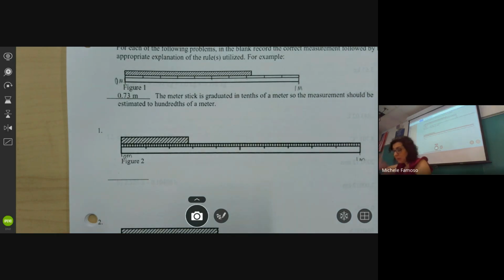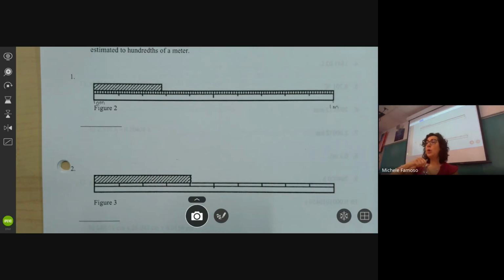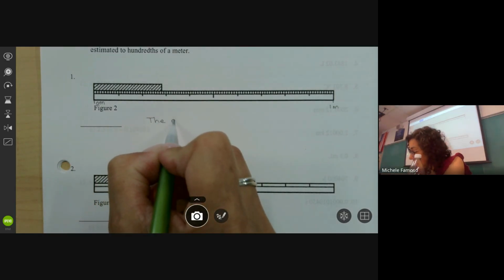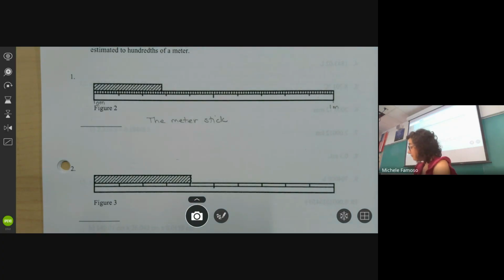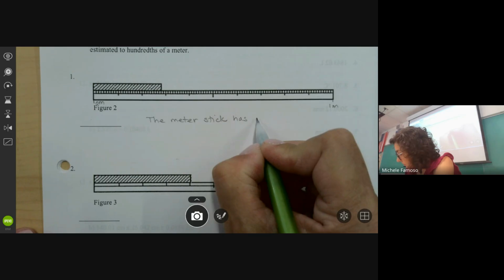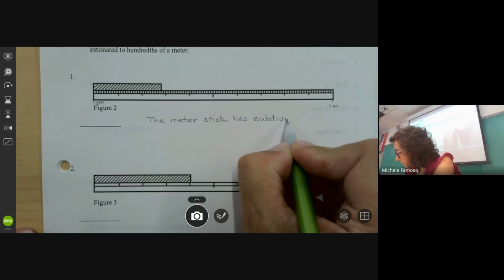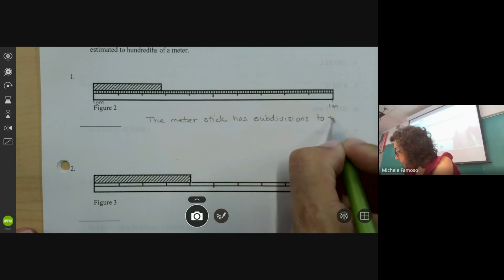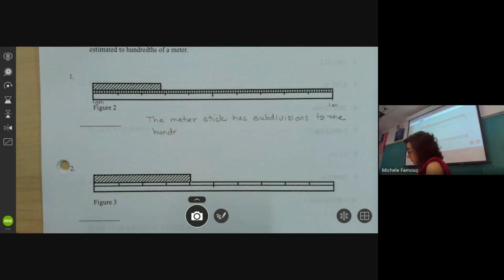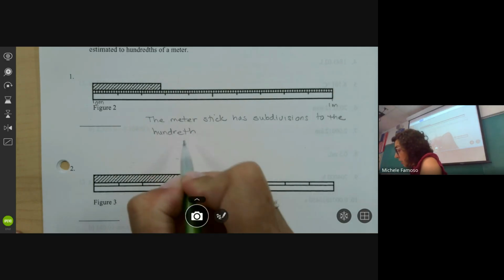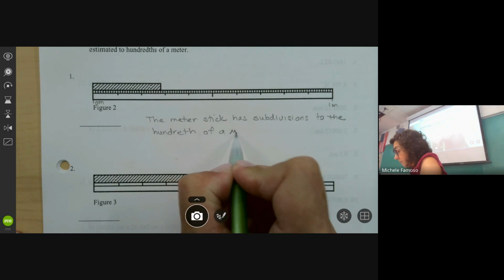Excuse me. So in number 1, what are those small subdivisions? How much of a meter are they? Those are hundredths of a meter. So let's write this out. The meter stick has subdivisions to the 100th of a meter.